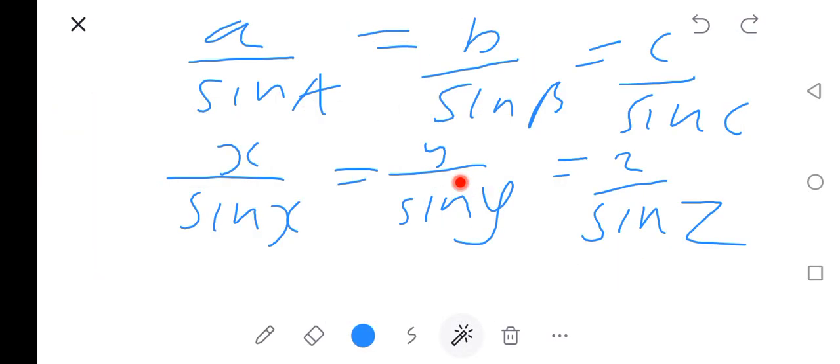So let's indicate them. We said our small x is 9. Write 9 here. Our big x, we say it's sine 80 degrees.